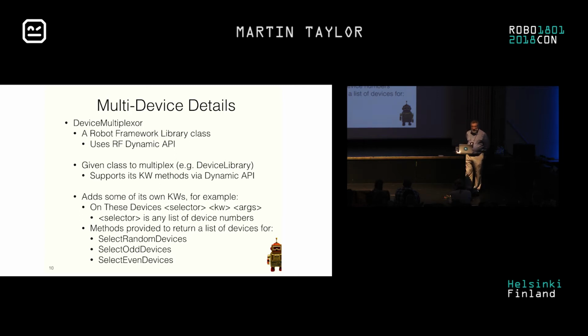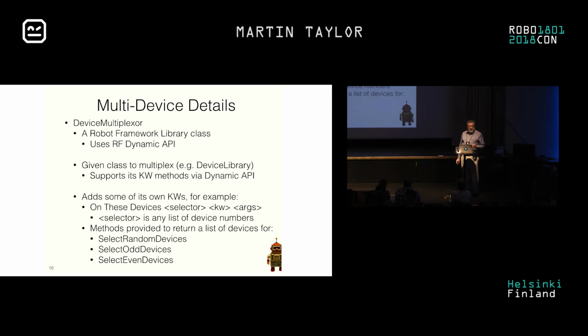For example, on these devices is a keyword, and it takes as parameters a selector and then another keyword and arguments. And that selector is just anything Robot Framework-ish or Python-ish or whatever that will return a list of device numbers. The device numbers are just like 1 to n for however many devices you have.